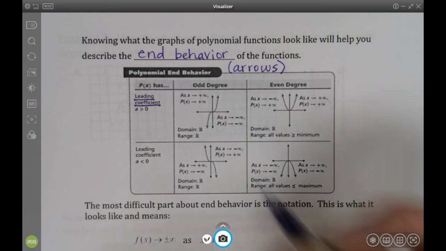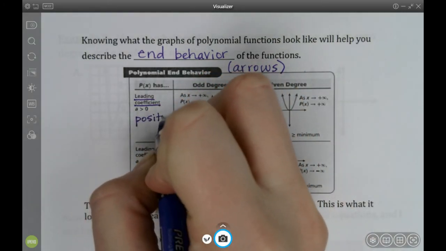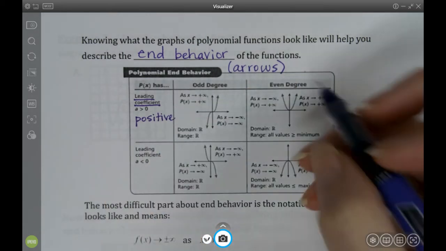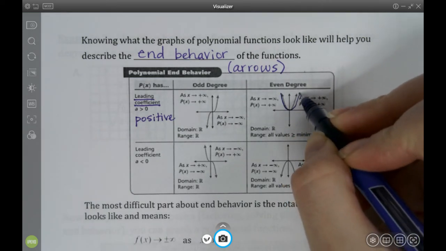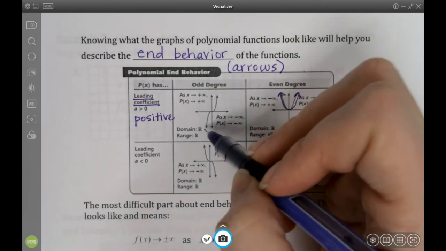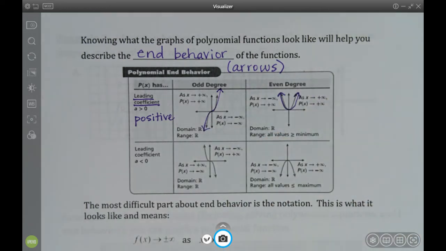When the number in the very front is greater than 0, or positive, if it's an even degree, both of your arrows are going to point up. If it's an odd degree, it's going to end pointing in the positive direction.